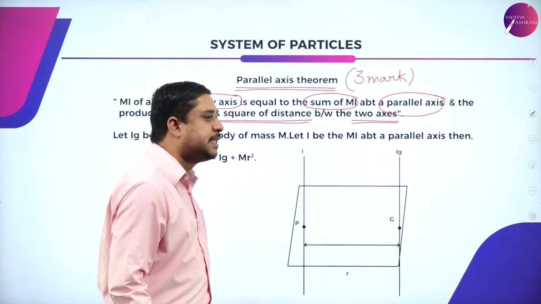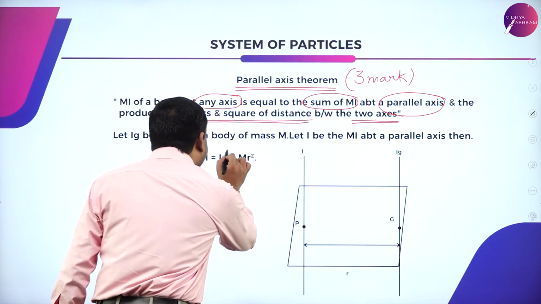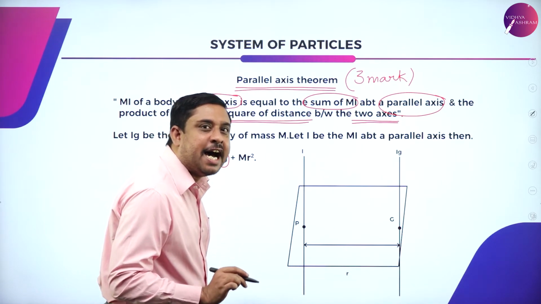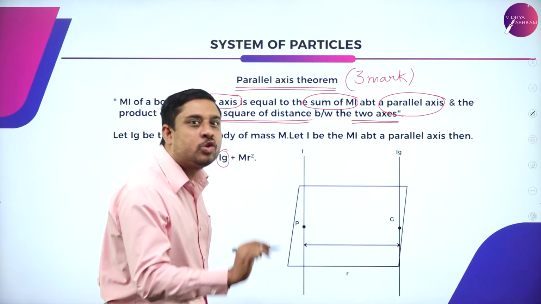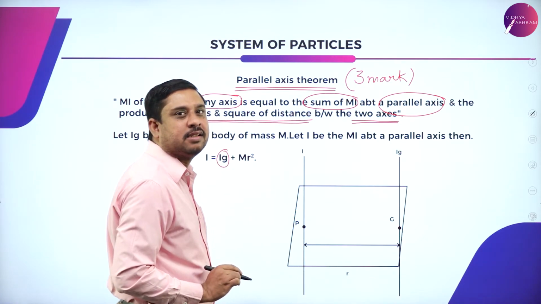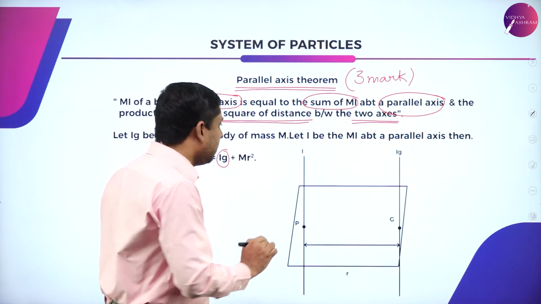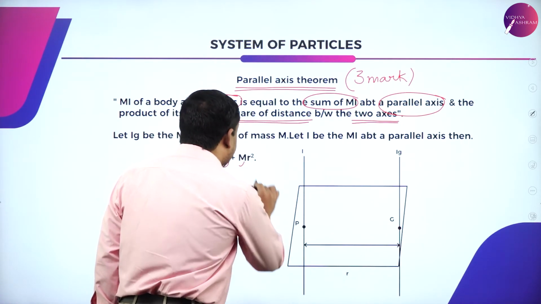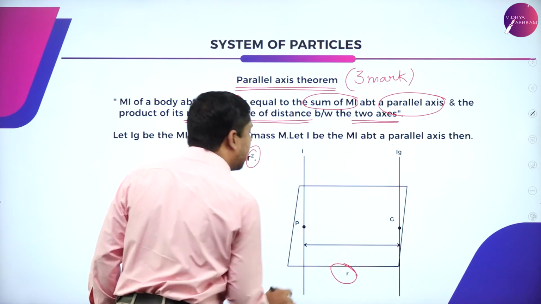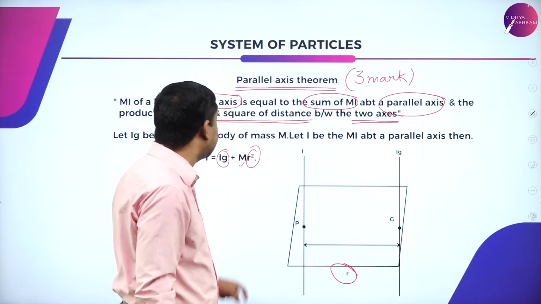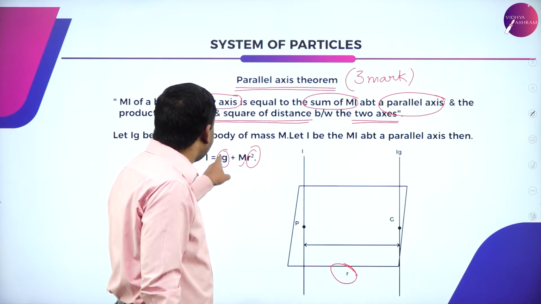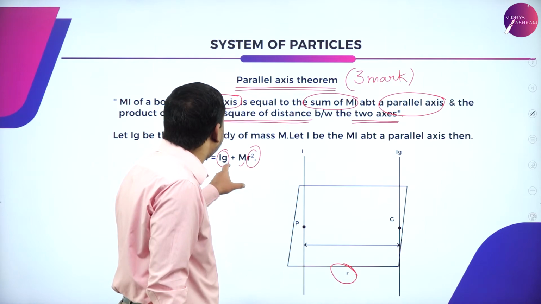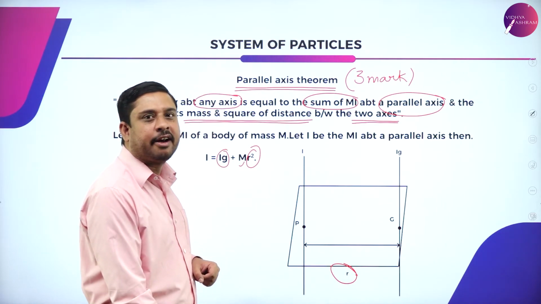Therefore, I becomes equal to Ig, which is the moment of inertia about a parallel axis, plus the mass of the body and square of the distance between the two axes. So I equals Ig plus mr square. This is the parallel axis theorem.